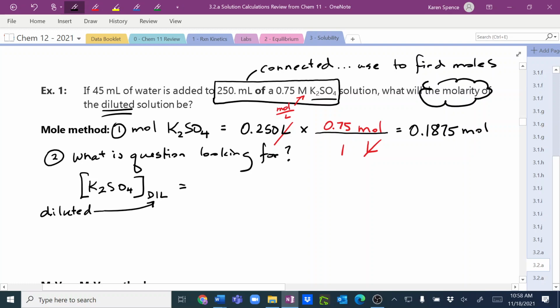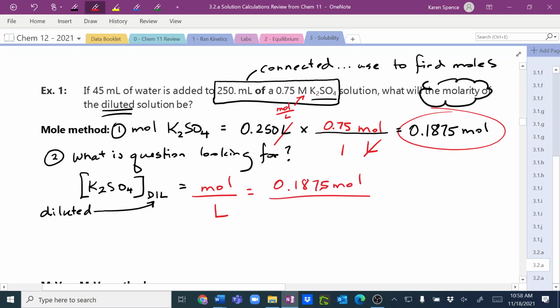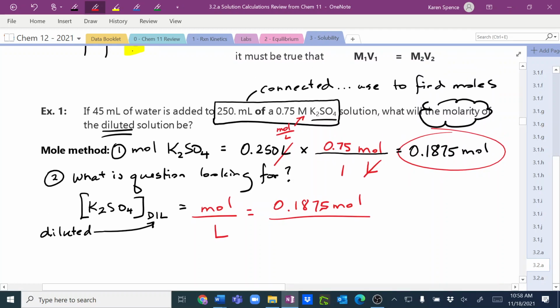And if we're looking for concentration, how do we calculate a concentration? Just moles over liters. So we're going to take our moles, 0.1875 moles, and we will divide by, I'm going to give you three choices of what we're going to divide by. A, 45 milliliters, B, 250 milliliters, or C, 295 milliliters.